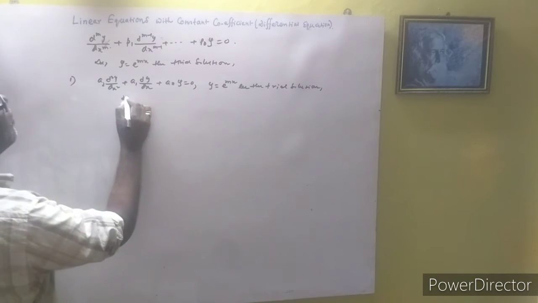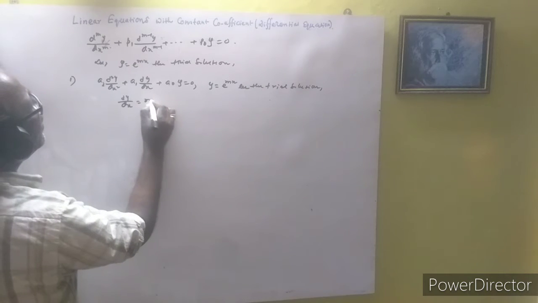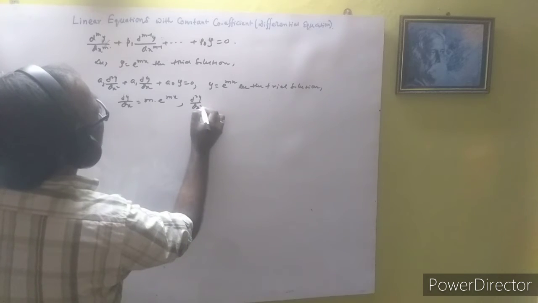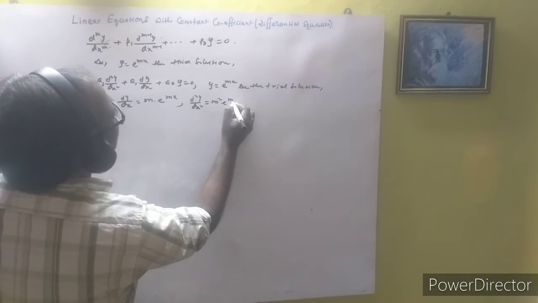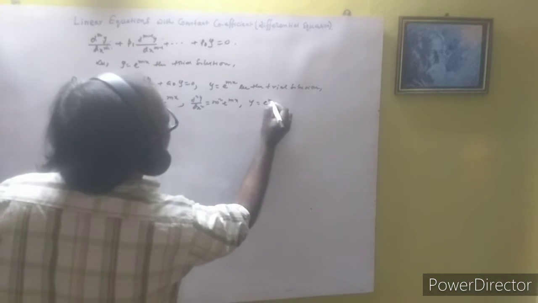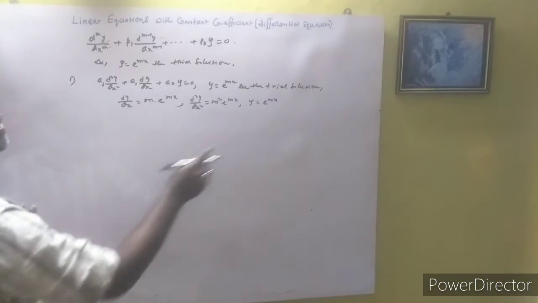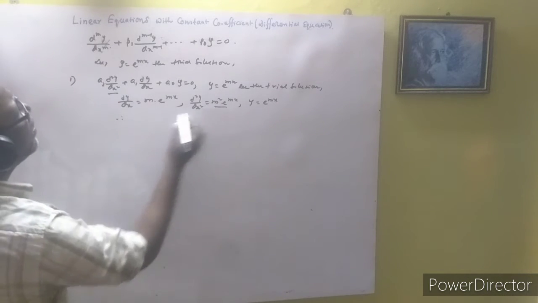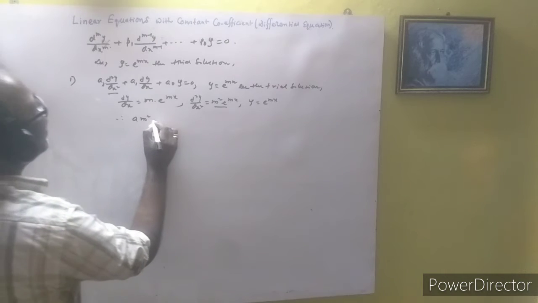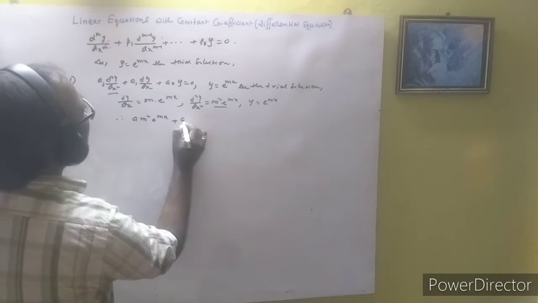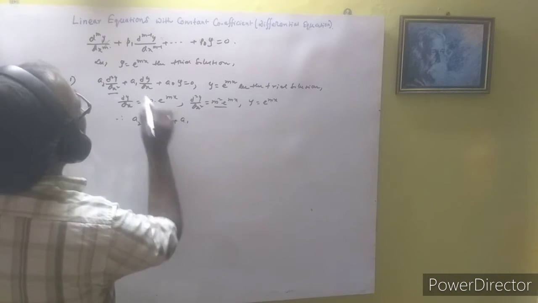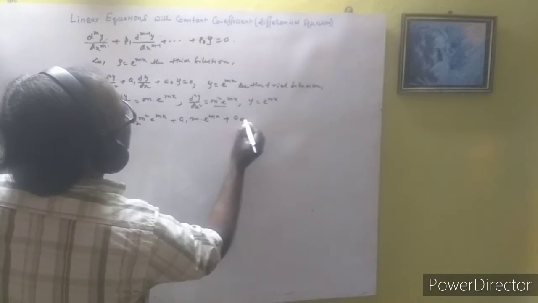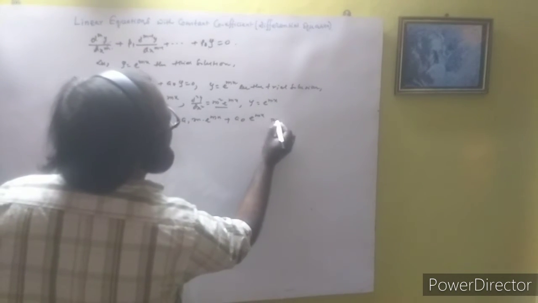Then for the first order derivative we get m times e to the power mx, and for the second order derivative we get m square e to the power mx, and y equals e to the power mx. From these three we get a2 m square e to the power mx plus a1 m e to the power mx plus a naught e to the power mx equal to 0.